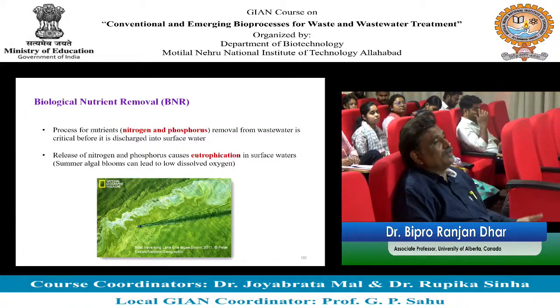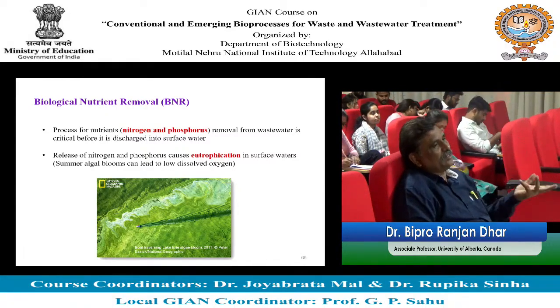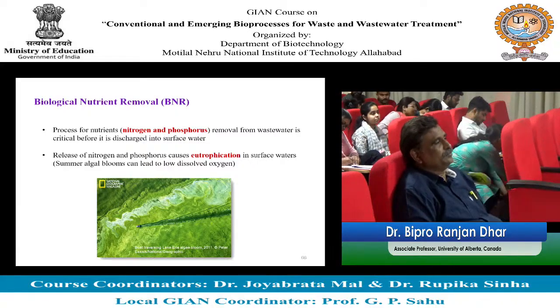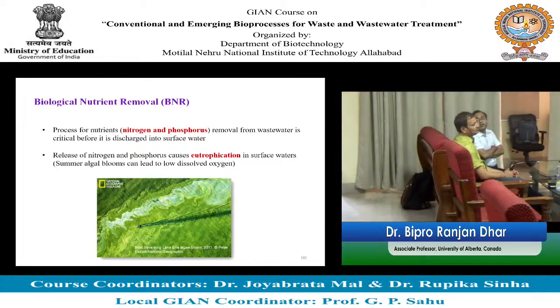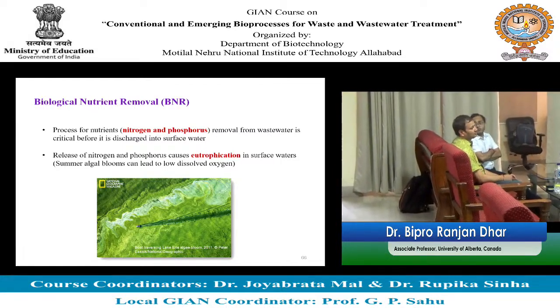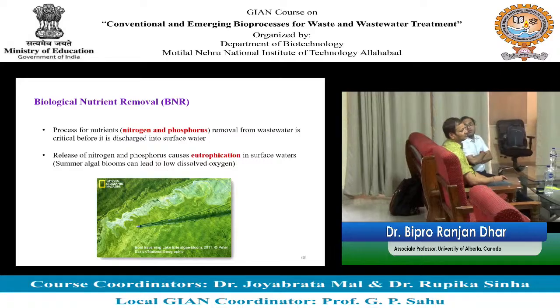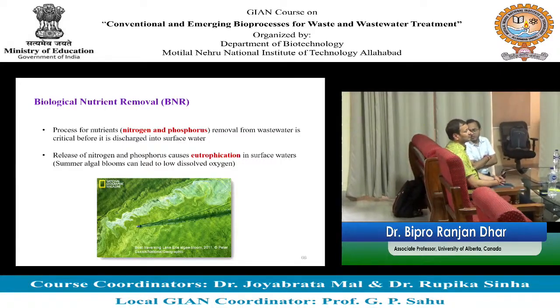Because it's not enough, what we have. That's why if it is an unknown wastewater, it's always better to do the characterization first. So what is the COD, what is the BOD, the nitrogen level. Then you decide whether you need to add anything or not.